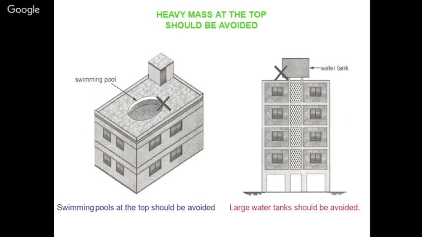And if you are keeping a water tank on the topmost floor at the roof level, you are supposed to transfer the forces which are going to come due to earthquake to the columns, and accordingly you are supposed to design those columns for the earthquake.